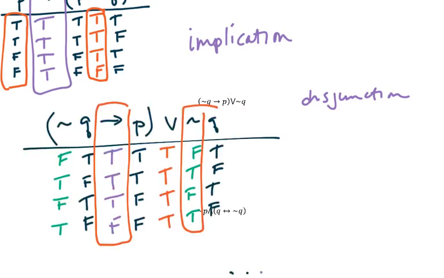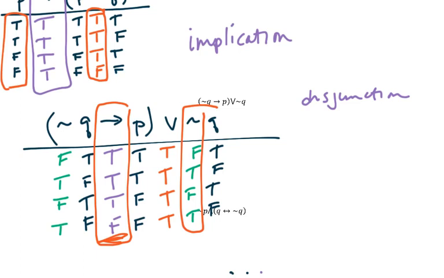So what I did is I wrote the truth values for Q, P, and Q. Then for the negations of Q, I did that in green. Then I got the values for the conditional here in purple, and then I compared the purple and the green to evaluate that or statement.